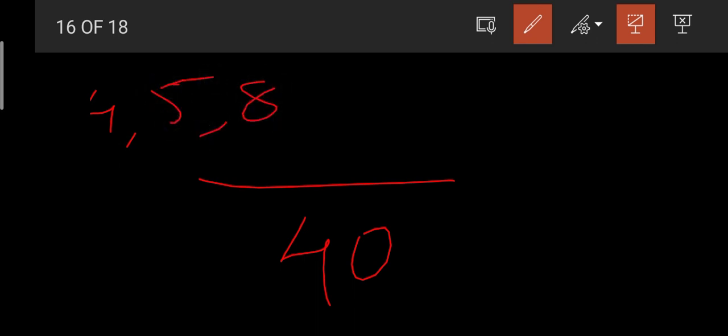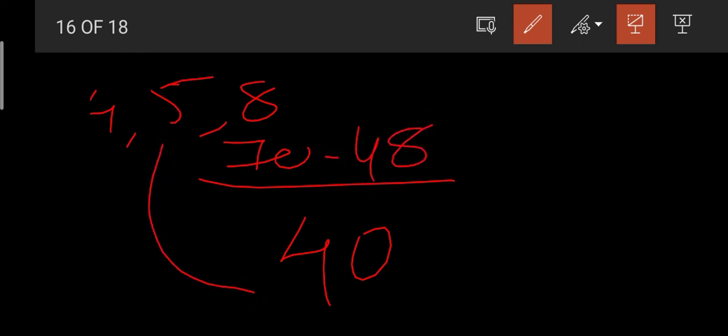Okay, if we calculate this, it becomes 70, and then minus 48, as 5 goes with 8 times, and then plus 13 5s are 65.